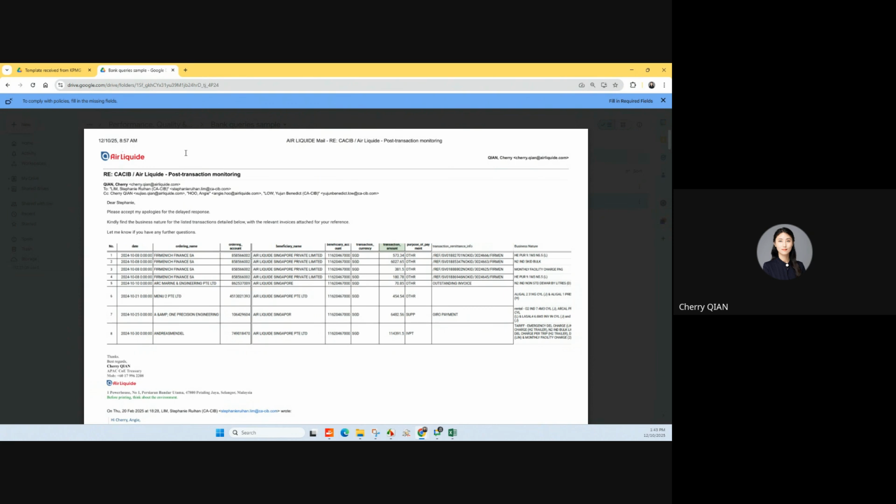Okay, so the CACIB query about post transaction monitoring. This is also a regular banking checking point. From time to time, they're going to have some attention and ask you to provide some underlying reasons: why you have this incoming, why you have this payment, something like that. It's randomly chosen by them.